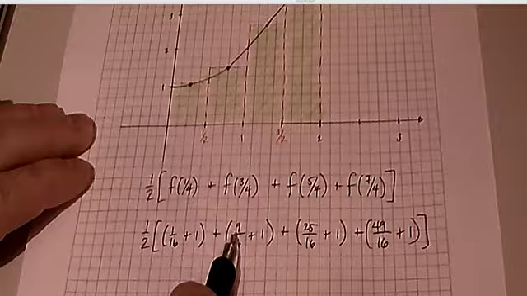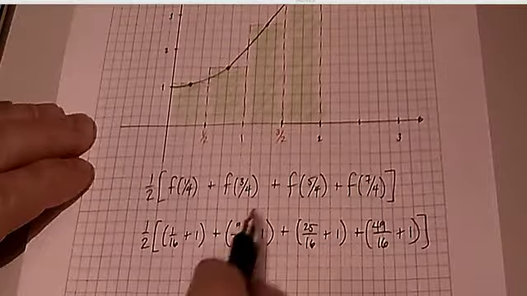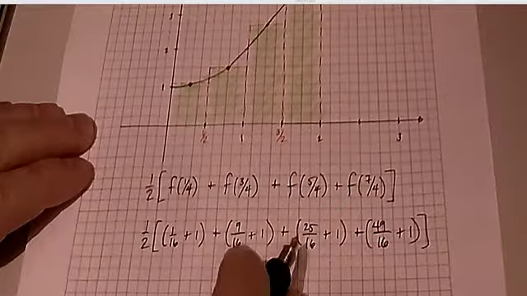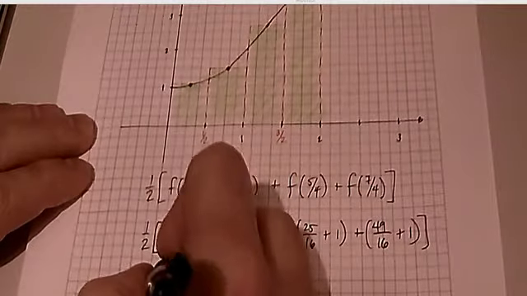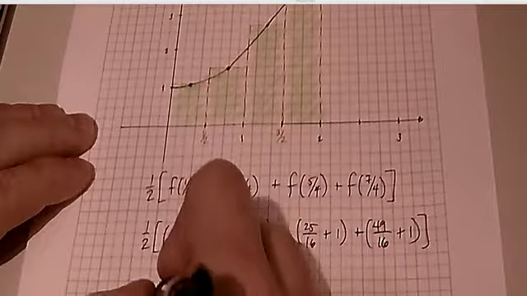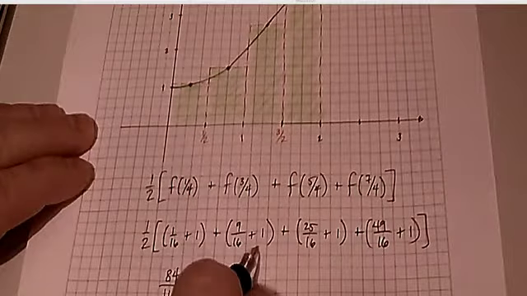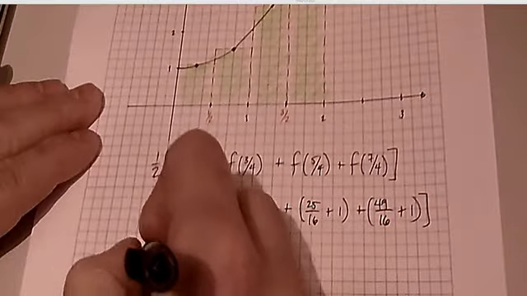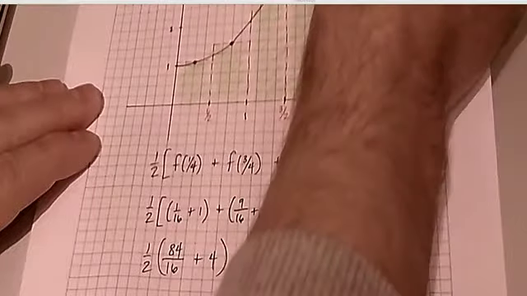And 25 plus 9 is 34. So 50 plus 34 is going to be 84. 84/16 plus, and then you add the 4 ones together, 4 times 1/2, okay?